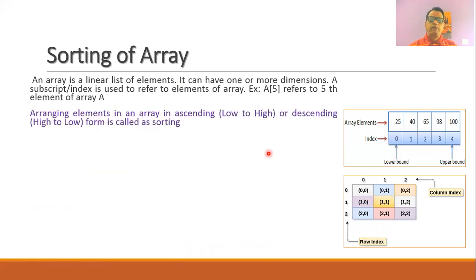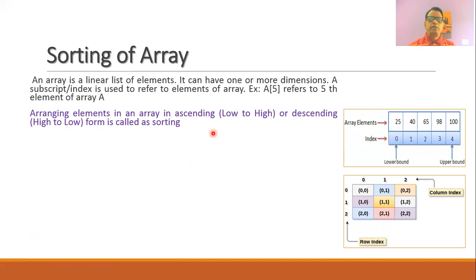Now, it is frequently needed that whenever we have been given a certain array, the elements in the array need to be arranged in a certain sequence. That is, we need to arrange the array either in ascending order, from low to high, or we can arrange the elements of the array in descending order, from high to low.